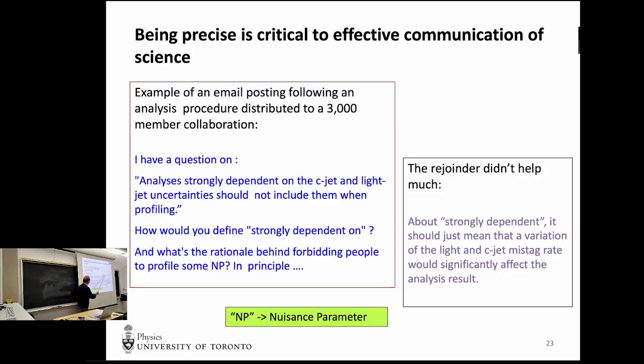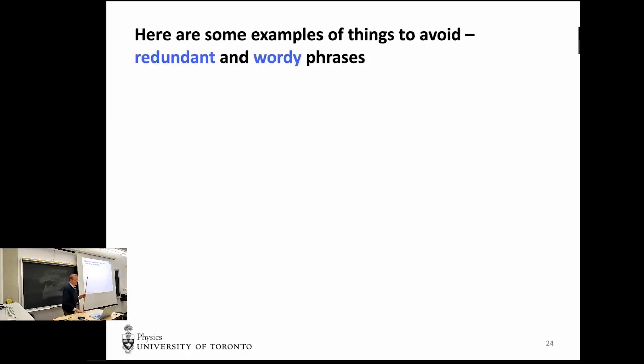And the rejoinder was about strongly dependent: it should just mean that a variation would significantly affect the analysis result. This exchange went to 3,000 people, and it was so detailed and so technical, and it wasn't all that clear to begin with. So it's just an example of the sort of things that you run into.